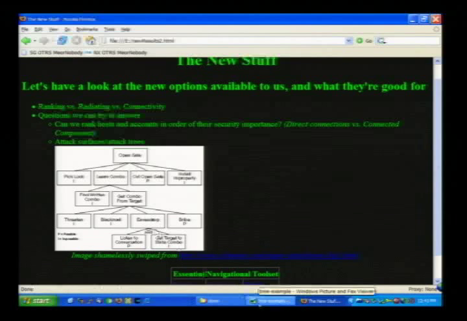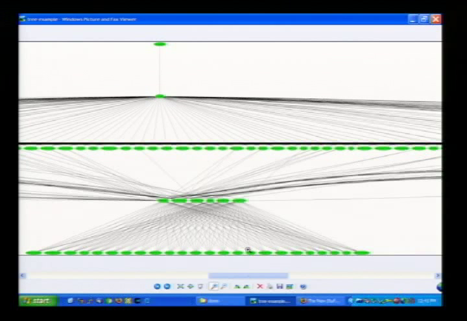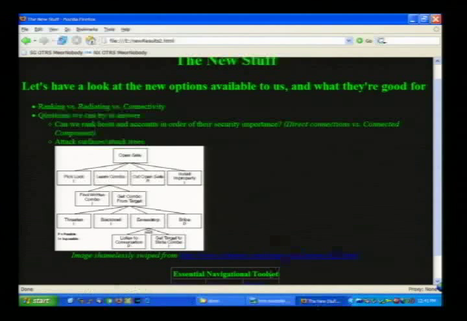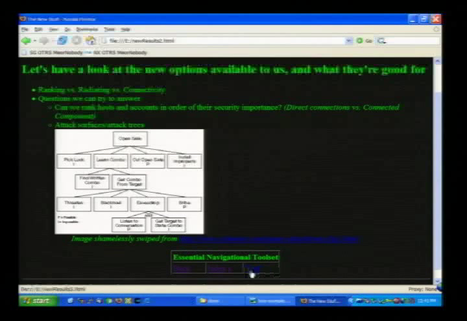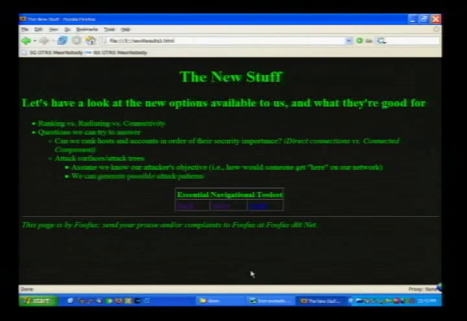And what I'm hoping is that graphs like this can actually model, well, if this is the system we're interested in keeping safe, what are all the ways you could get to it? That's an interesting question, I think, to be able to ask and answer. All right.